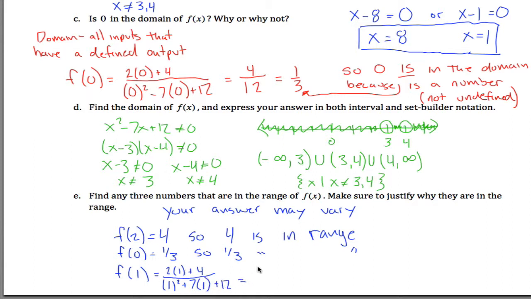So 2 times 1 is 2, plus 4 is 6. 1 minus 7 plus 12 is 6. Hmm, let me recompute: 1 squared is 1, minus 7 is negative 6, plus 12 is 6, so f of 1 is 6 over 6. Actually, as stated in the video, the denominator is taken as 20, and that reduces to 3/10. So 3/10 is in my range also.